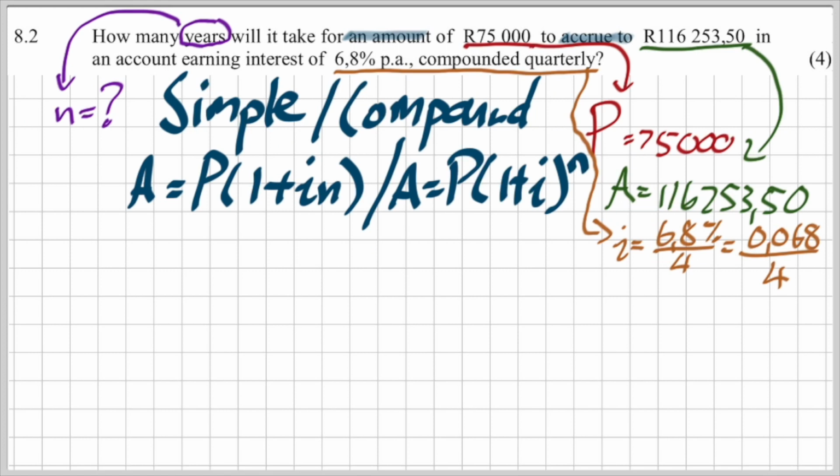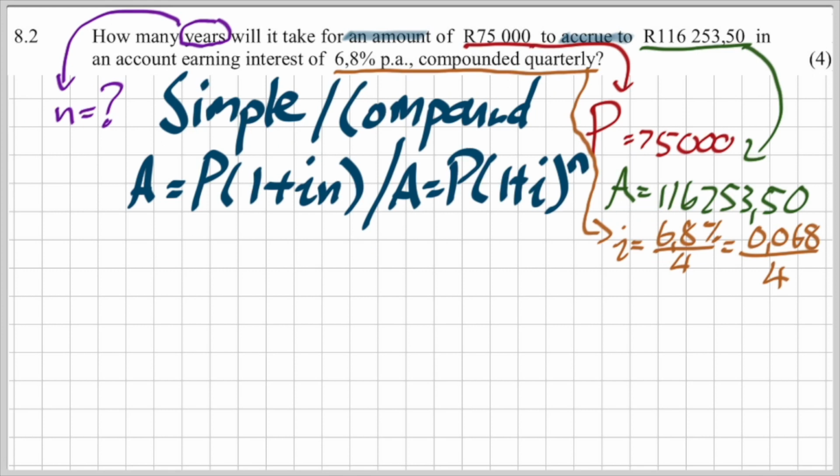The reason why I leave it in fraction form, ladies and gentlemen, is what if there's a repetitive 0.0133333? Then you tend to round off, where I don't think you should do that at all. It makes the sum not so accurate.